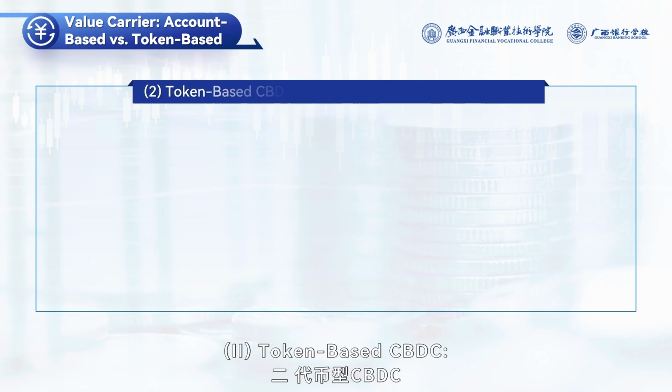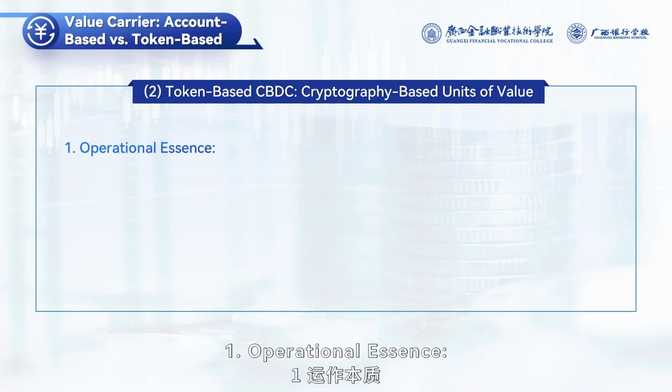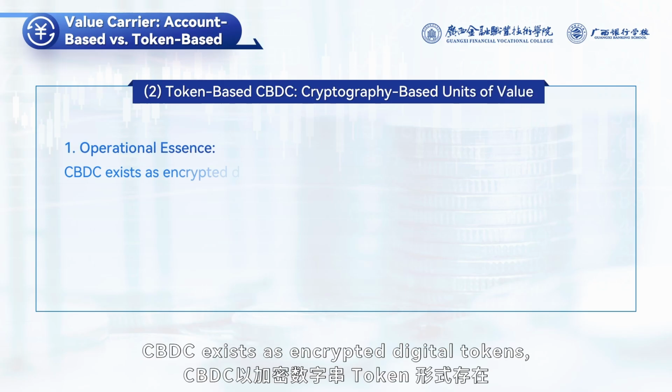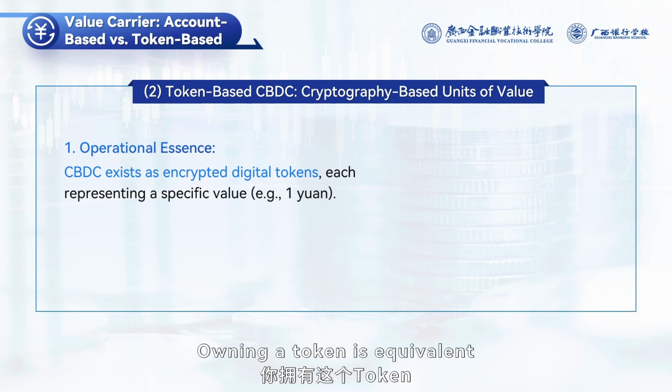2. Token-based CBDC, cryptography-based units of value. Operational essence: CBDC exists as encrypted digital tokens, each representing a specific value, for example, 1 yuan. Owning a token is equivalent to holding that unit of value.